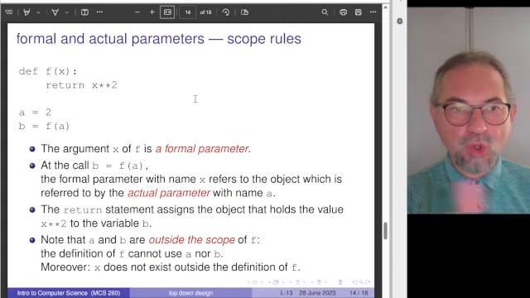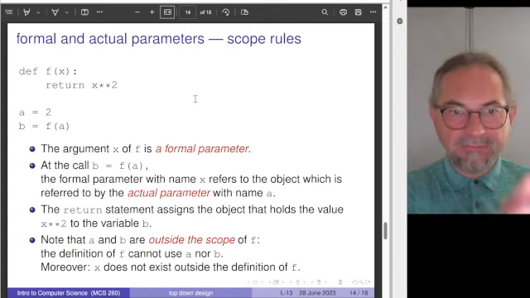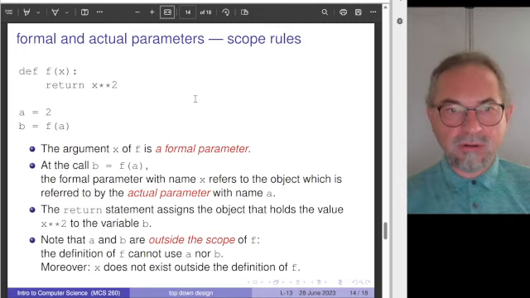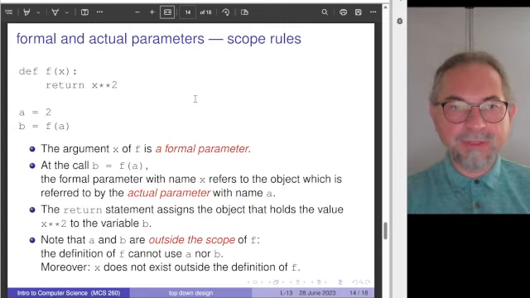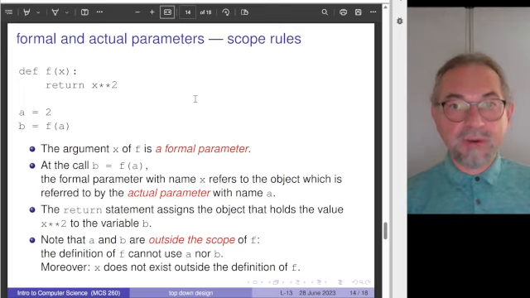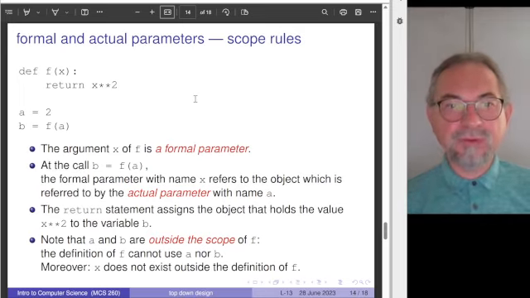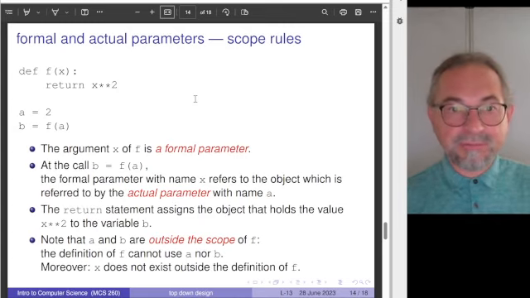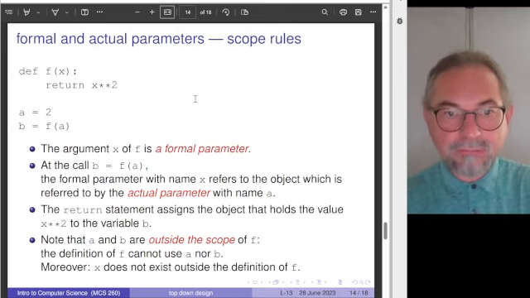So the main program will take the value of the variable a, feed that into the function f, and what will be returned and assigned to b will be the square of the value that was passed to the function. So that is what the function does.